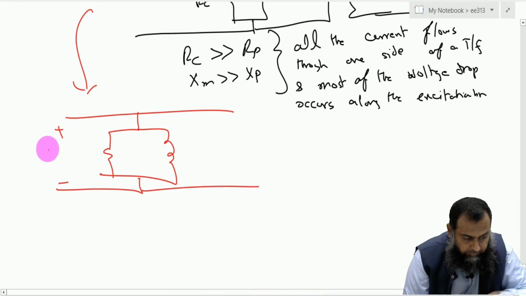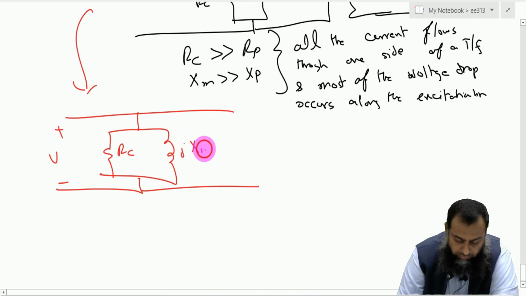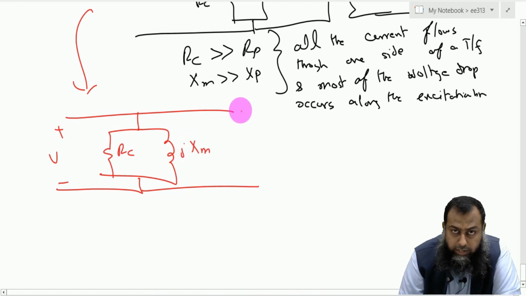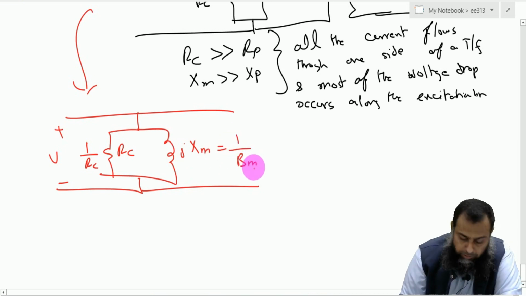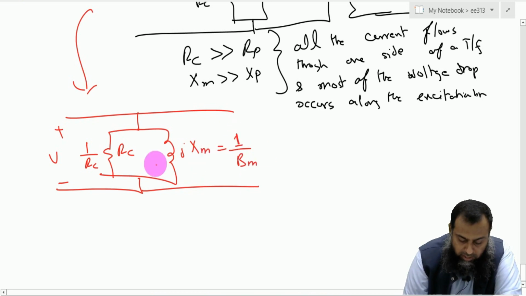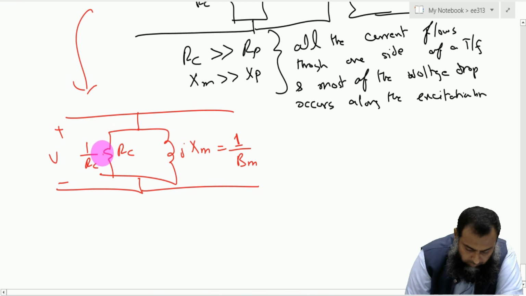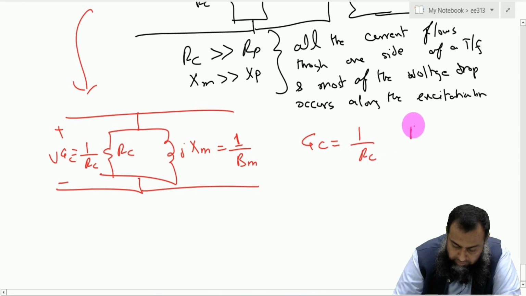So here we have the applied voltage, this is Rc and this is jXm. To further simplify this test or the results, we take 1 over Rc, that is the conductance, and we also take 1 over Xm. Taking the inverse of this Xm and this Rc, we have 1 over Rc equal to Gc, which is the conductance, and Bm equal to 1 over Xm, which is the susceptance.